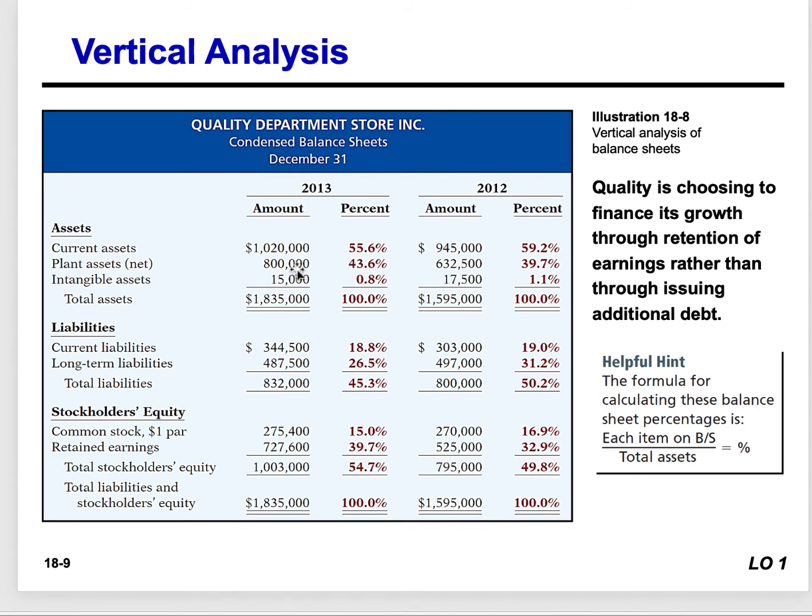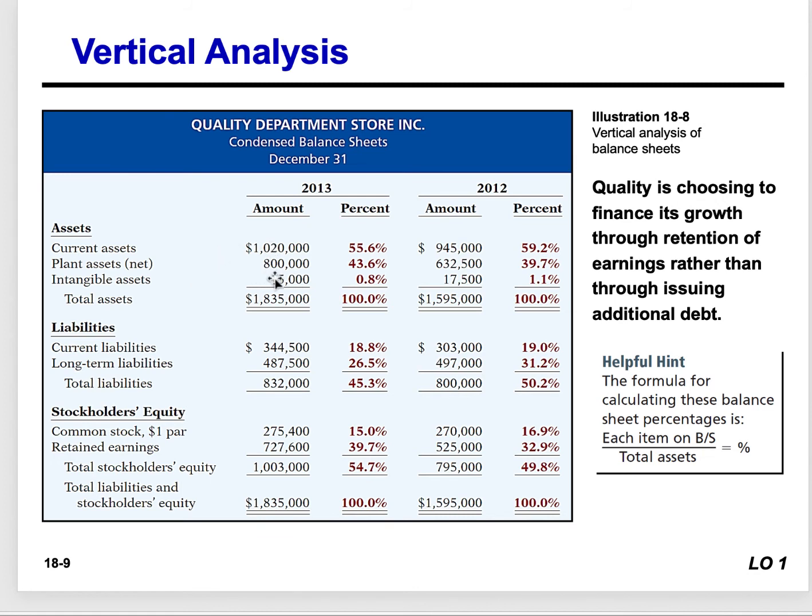And what we're saying here is total assets are $1,835,000. Current assets as compared to total assets, current assets make up 55.6% of our total assets.